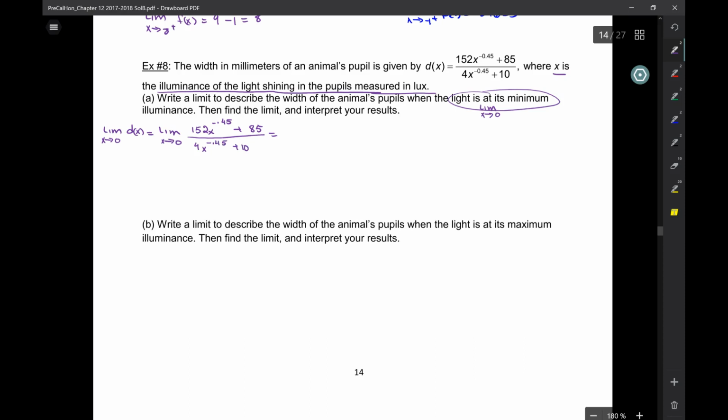All right, we have negative exponents, right? Well, why don't we write those as fractions? So 152 over x to the 0.45 plus 85. And then 4 over x to the 0.45 plus 10.